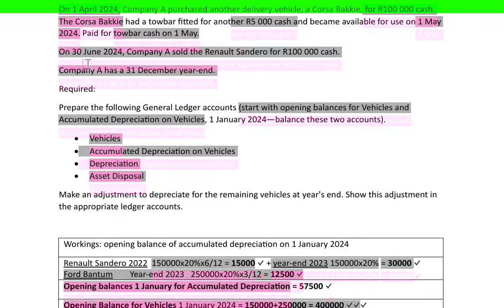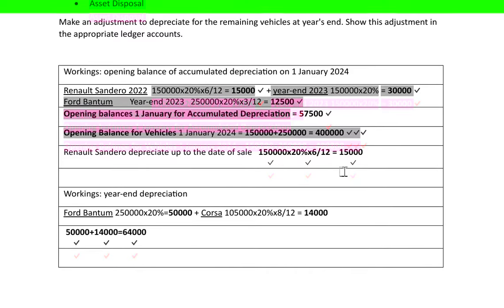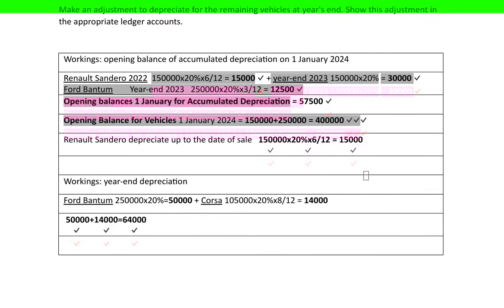On the 30th of June 2024, halfway through the year, Company A sold the Renault Sandero for 100,000 Rand cash. So what you need to do when you make a sale, asset disposal, remember, is you need to depreciate up until the date of sale.